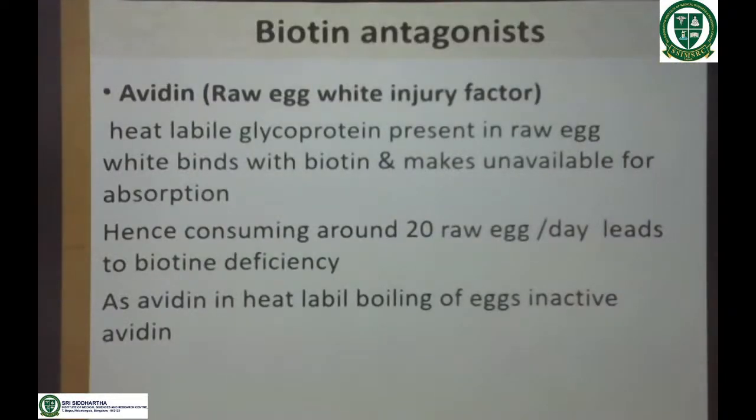Initially I told you that consumption of raw egg leads to deficiency because avidin, a heat labile glycoprotein, is present in the raw egg white. So consumption of raw egg means you consume avidin, and this avidin will bind to the biotin.